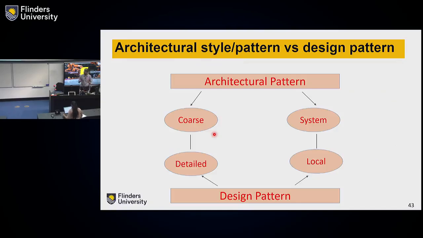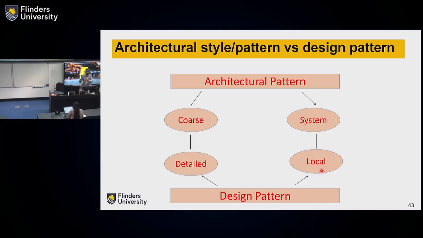Now one distinction that we need to draw is how design patterns are different from architectural patterns. Architectural patterns are at a very high level of abstraction. We are talking about software architecture, so they are coarse and system level. Design patterns are much more detailed, not in terms of prescribing code, but detailed compared to architectural patterns, and they are local.